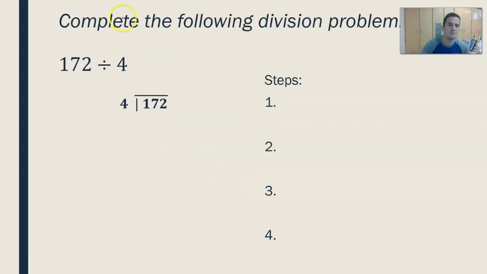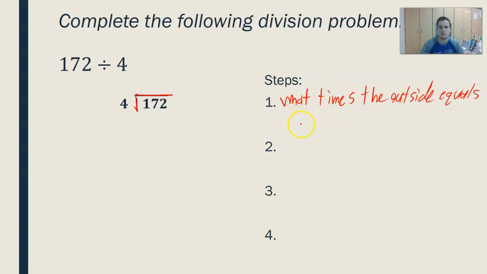So we're going to complete this division problem using long division. Not using a calculator, just using long division. 172 divided by 4. And we're going to write down our steps right here. So if I'm taking 4 into 172, my first step is to ask what times the outside equals the inside.